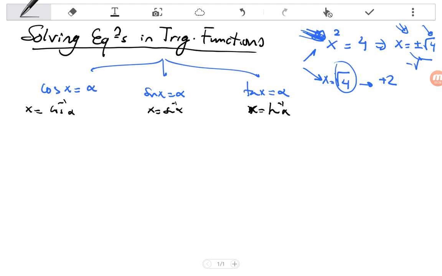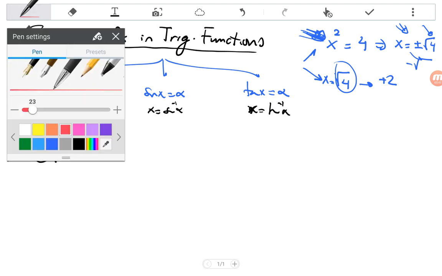Now, any of these equations have an infinite number of solutions. If we sketch the cosine x we have known, it is sketched like that.